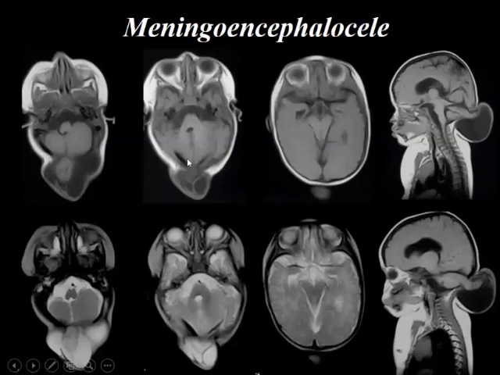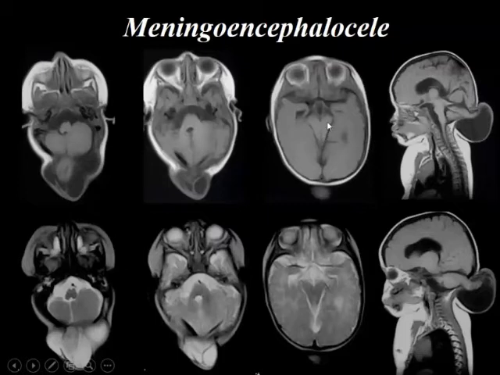Now, this is again a common condition where you keep on operating day in, day out. There's a meningoencephalocele. Why is this an occipital meningoencephalocele? Why do you call it meningoencephalocele? You all know that you have the meninges containing the CSF and also the dysplastic cerebellum going into the sac.